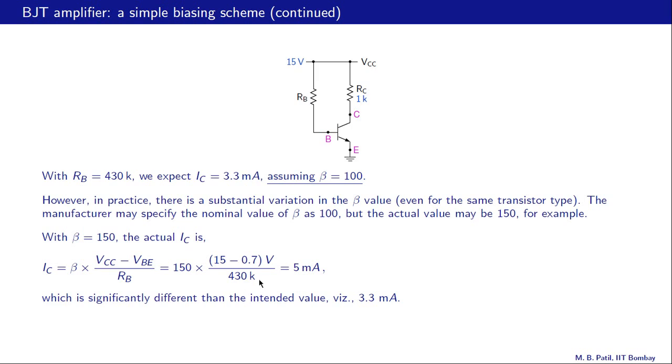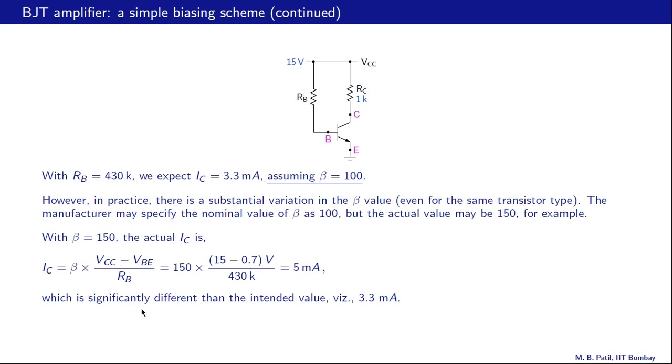We have already picked this RB assuming that our beta is 100, but the actual beta of this transistor happens to be 150, and the current then would be that expression, or 5 milliamps.